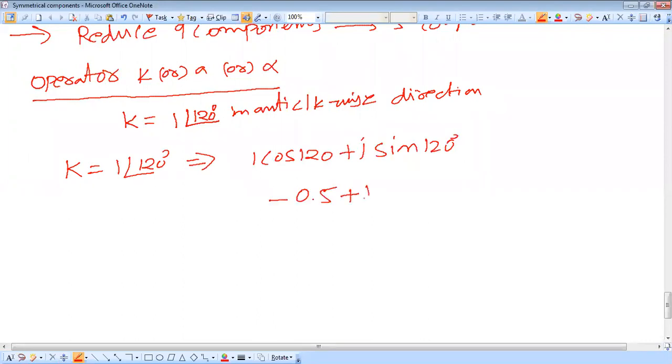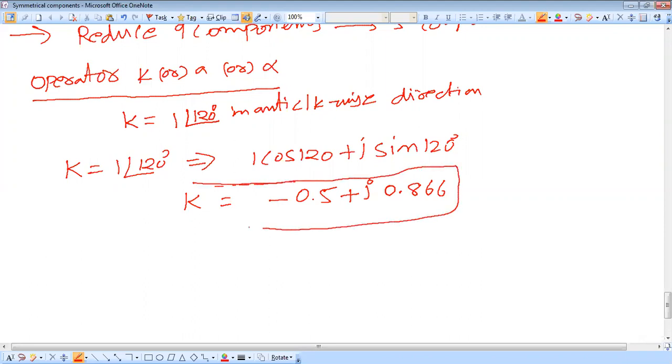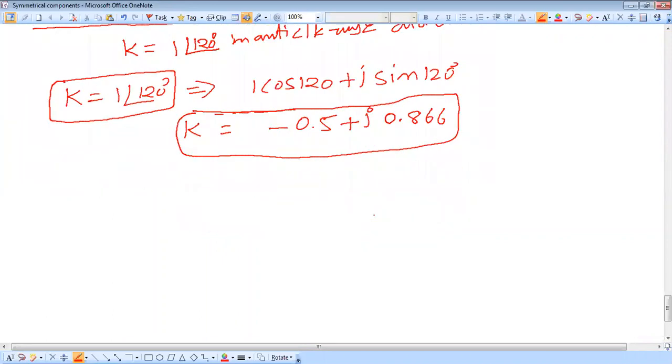Sin 120 is cos 30, which is root 3 by 2, equal to 0.866. This is the K value in rectangular form: minus 0.5 plus j 0.866. In polar form, K is 1 at an angle of 120.